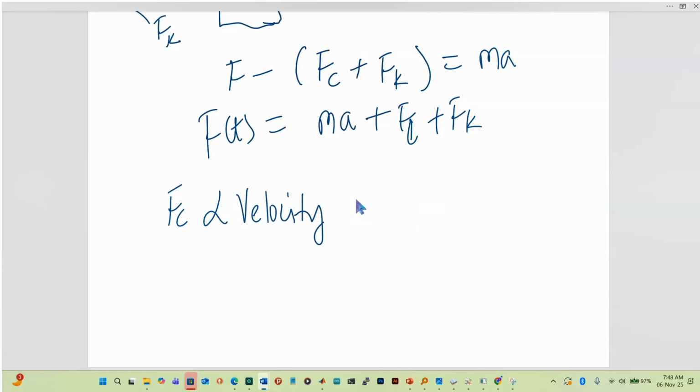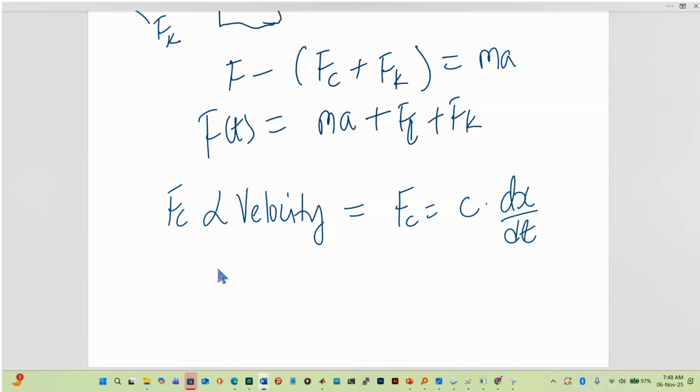That is for the damping coefficient, so this is the damping force. Fc is equal to c times dx by dt, because we said the velocity is dx by dt, the rate of change of displacement with respect to time.